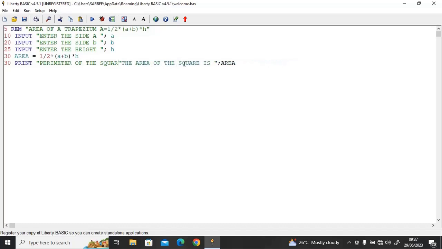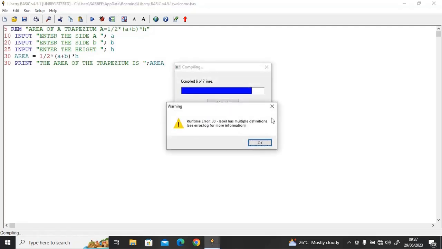I don't need all this because I'm printing only the area. So the area of the trapezium, so you change this to trapezium. You see now, it's very easy. With this, we can calculate any area of a trapezium.